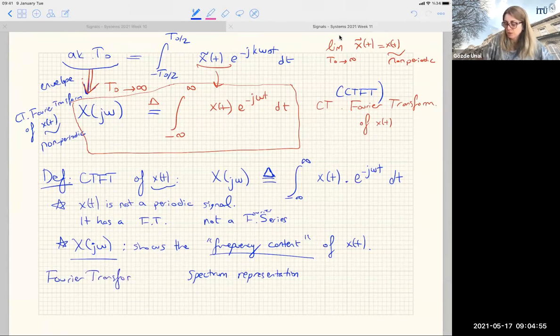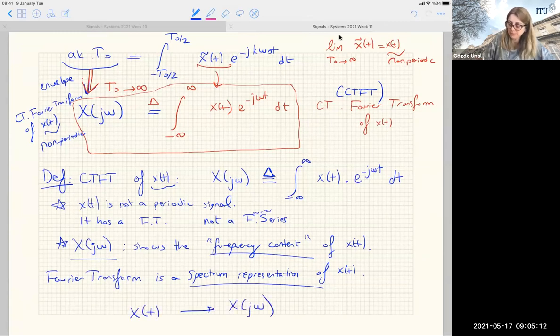So maybe just say the Fourier transform gives us a tool to create a spectrum representation of the signal. Again, that's something we know. Now we know how to go from x of t, the time domain, to the frequency domain.